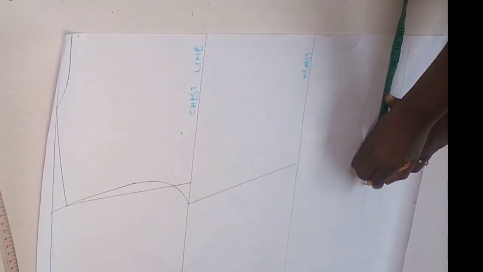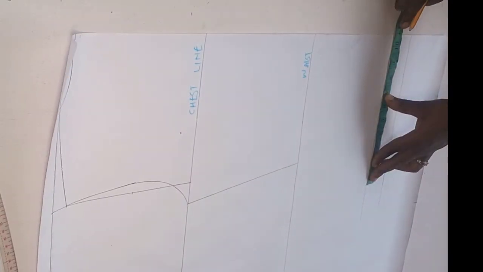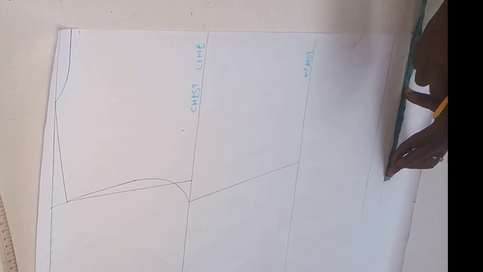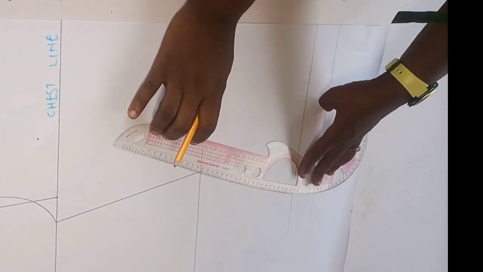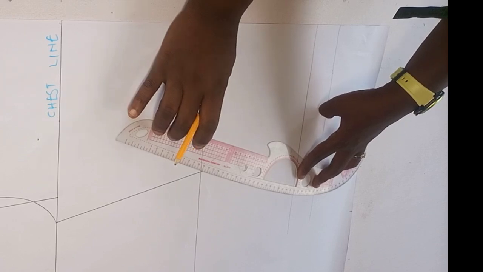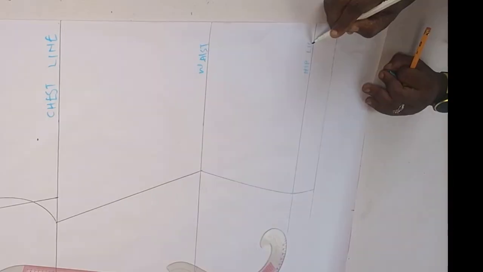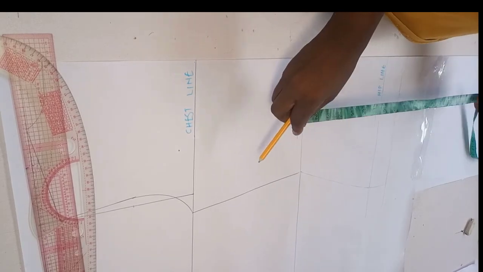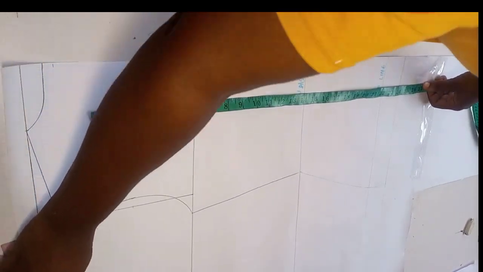The next thing now is to take my hip measurement. On the hip line, I'll take my hip measurement divided by 4, and then mark whatever I have on the hip line, and I will connect the waist to the hip with my curved ruler like so. And then I went ahead to label my hip line. The next thing now is the skirt part of the dress.